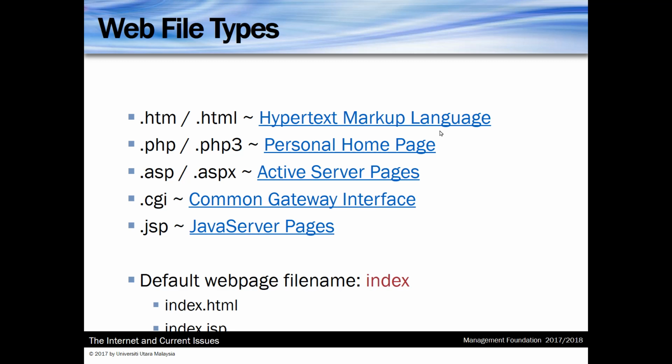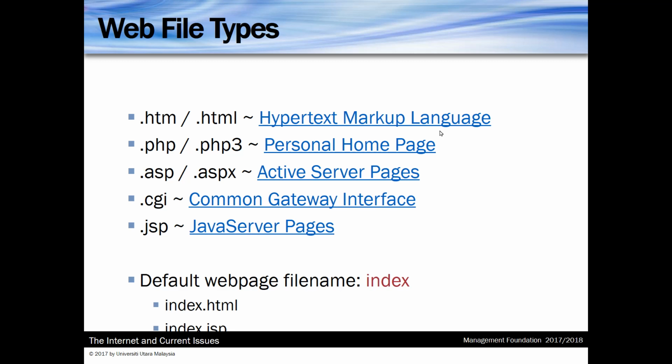The default web page file name is called index, for example index.html, index.jsp, index.cgi, or index.php. An index page is the web page that appears when someone visits the top level of your website without specifying a particular file name.